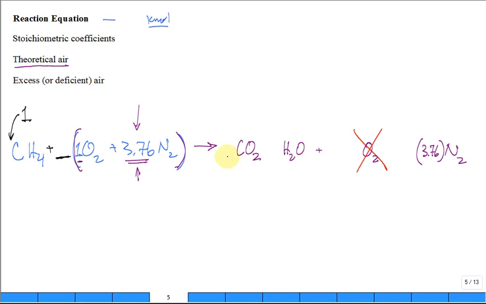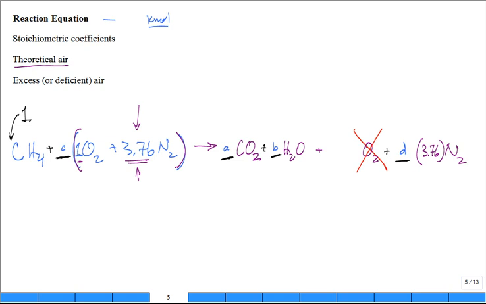We don't know how much CO2 is produced, and we don't know how much water vapor, H2O, is produced, and we're going to have to finish out the balance on the nitrogen. So a lot of times they'll start and say, we have an unknown coefficient A, an unknown coefficient B, an unknown coefficient C, and an unknown coefficient D, and then we solve for those coefficients.